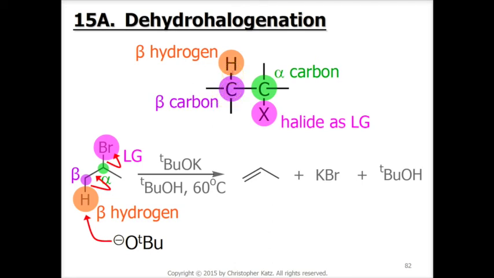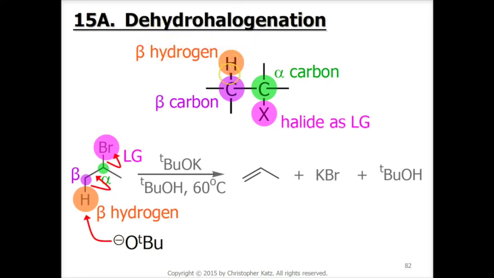If it has no beta hydrogens, you cannot do elimination, right? You need to have beta hydrogens to do a dehydrohalogenation, which means to eliminate a hydrogen and eliminate a halogen. So dehydrohalogenation is a fancy science-y word for beta elimination, where you are pulling off a beta proton and eliminating a halide.